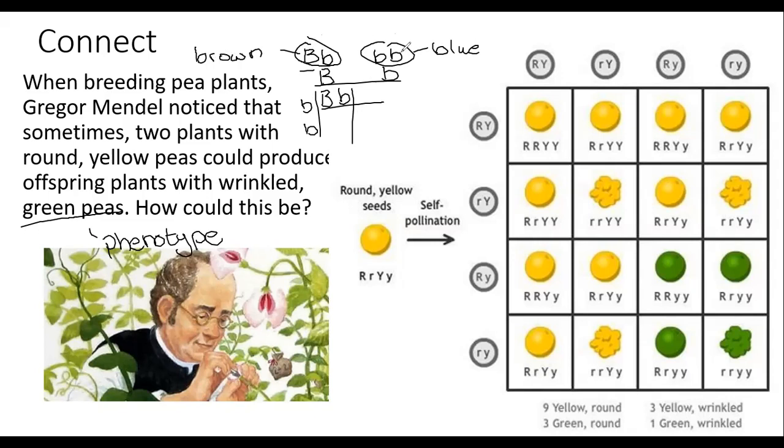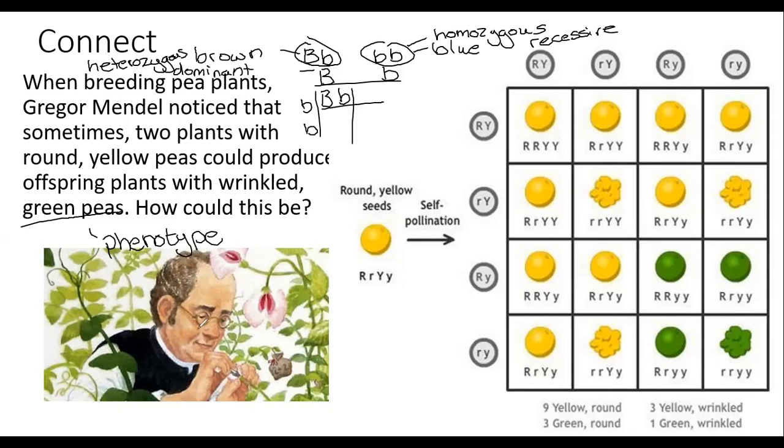Now, this one, the genotype, would be homozygous recessive. Homozygous because both of the alleles are the same, and recessive because that's the type of gene that the blue gene would be. Here we'd have brown, and brown would be heterozygous because we've got two different alleles, heterozygous dominant.